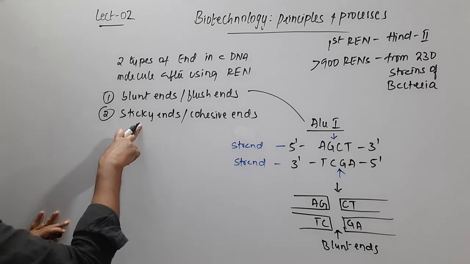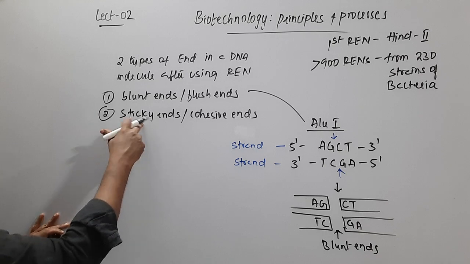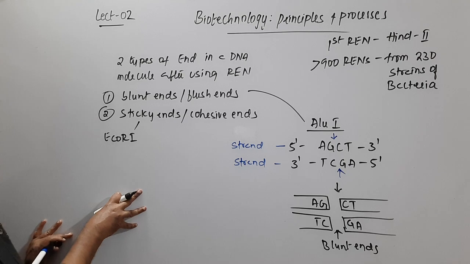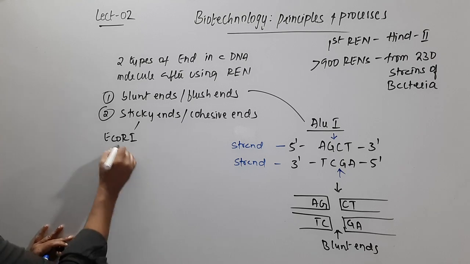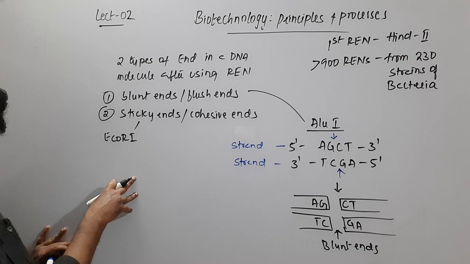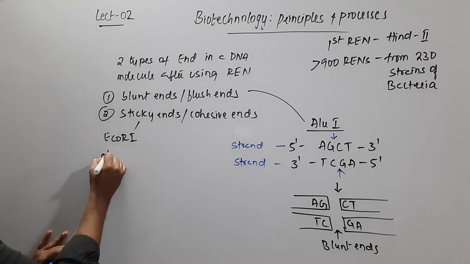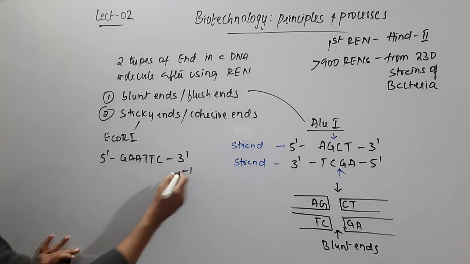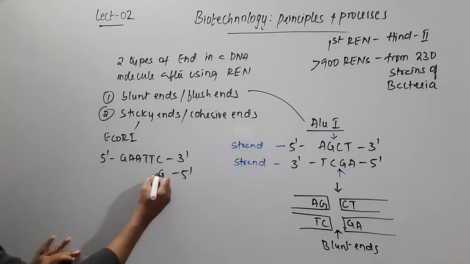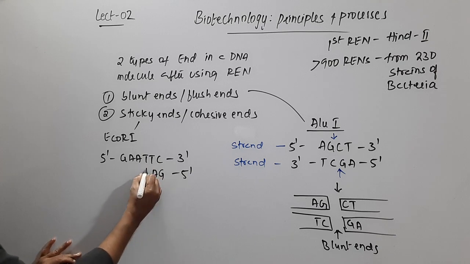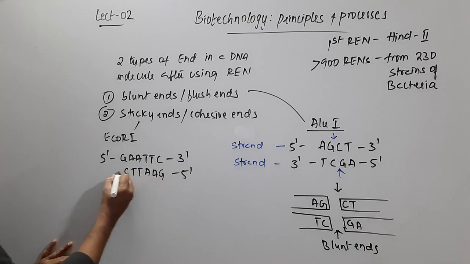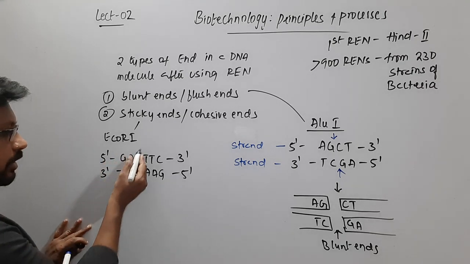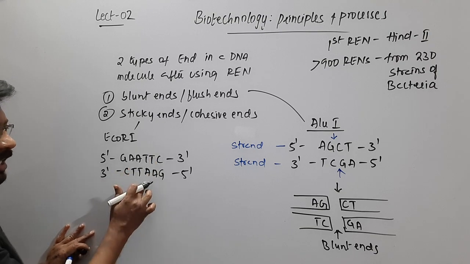Now coming to the second one, sticky ends or cohesive ends. I'll take the same example, EcoRI. It identifies the palindromic sequence GAATTC, and from the other direction it is the same. But here it's not going to cut at the same points on both strands.